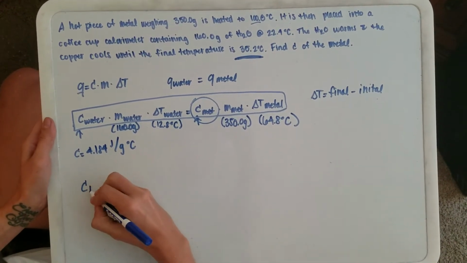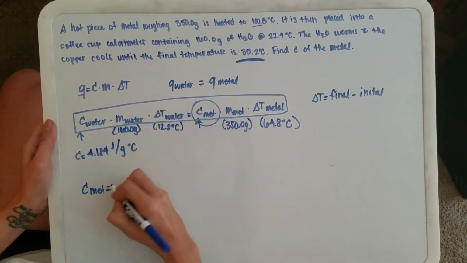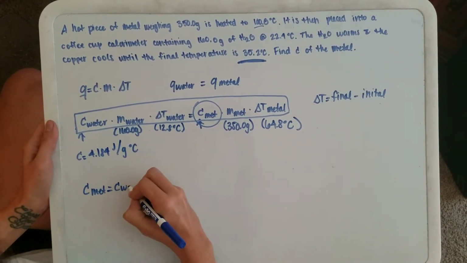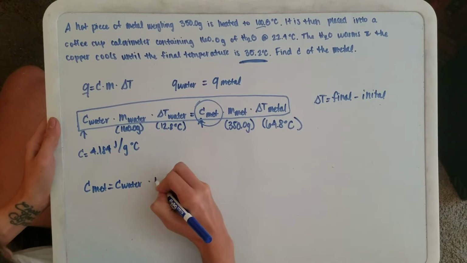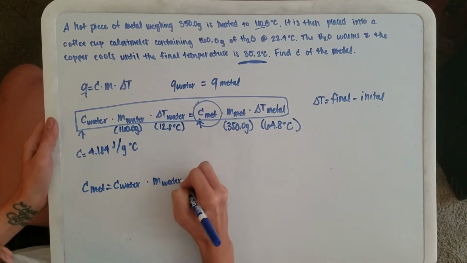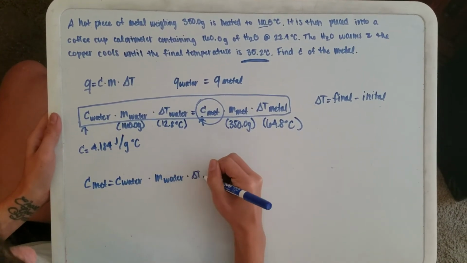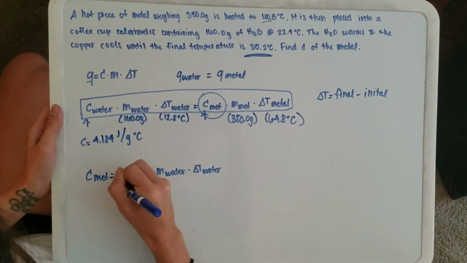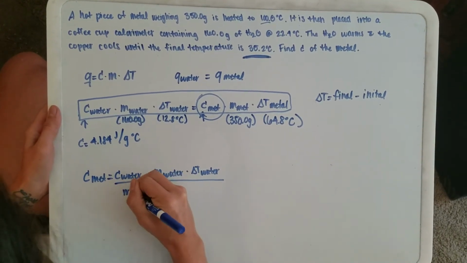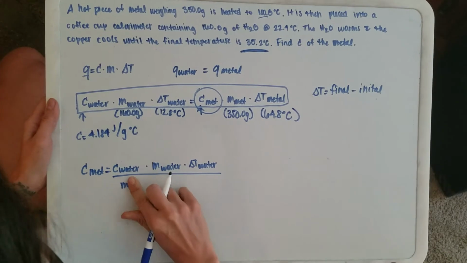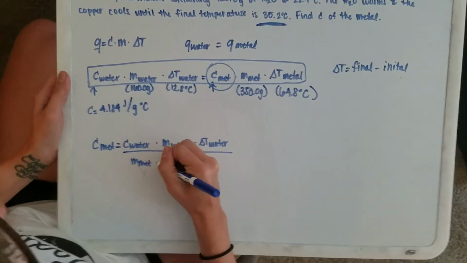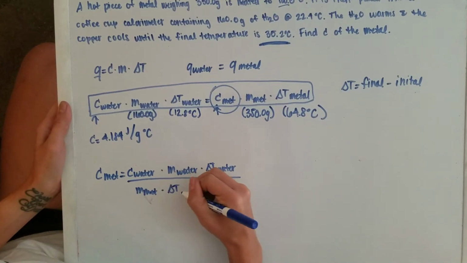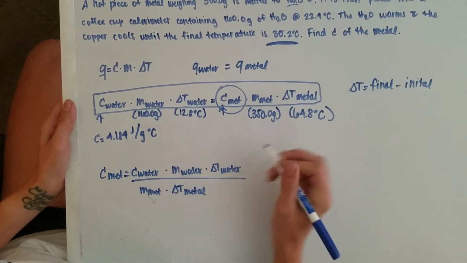What we end up with is the specific heat of the metal equals the specific heat of water times the mass of water times the change in temperature of water, and then we're going to divide that by the mass of the metal times the change in temperature of the metal.